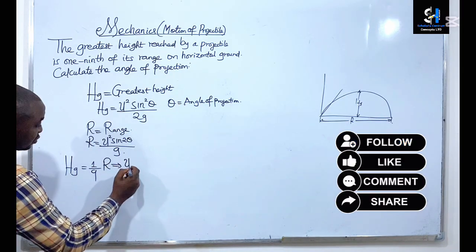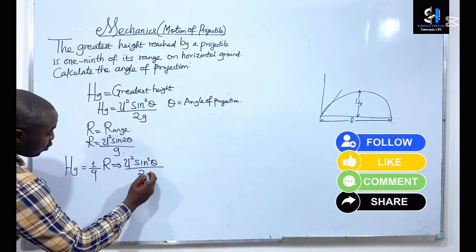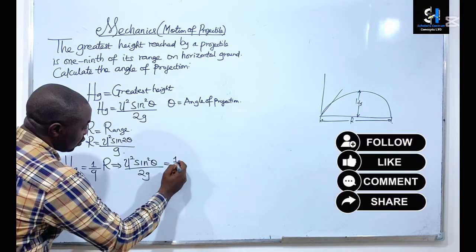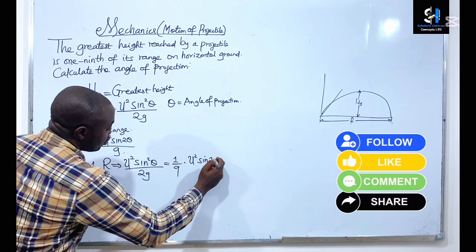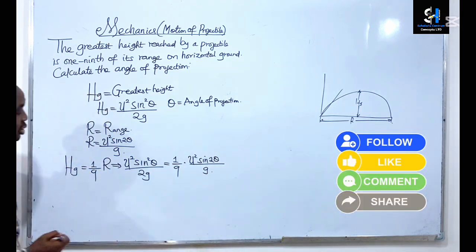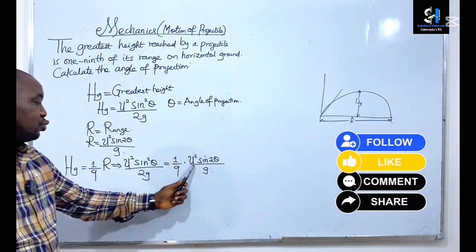So this will be u² sin² theta over 2g equals 1/8 multiplied by u² sin² theta over g. All right, in this case, let's get rid of u² and g.